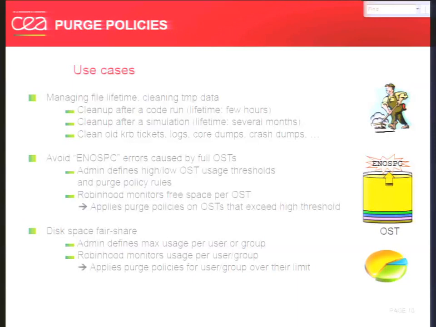In this case, ROBINHOOD could be used to automatically remove files which are consuming space only on those OSTs, and so you don't have to remove the files on other OSTs. It's quite easy. You've got several thresholds. You've got the high threshold, and once the space is above it, it will remove files until the usage is below the low threshold.